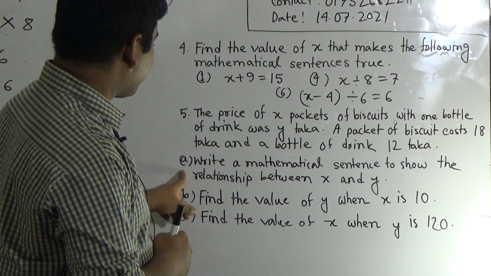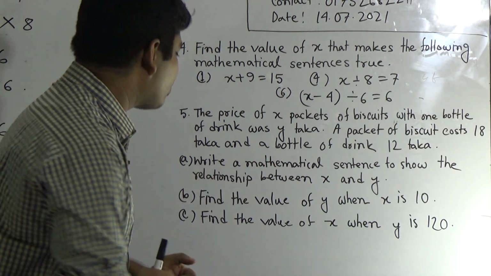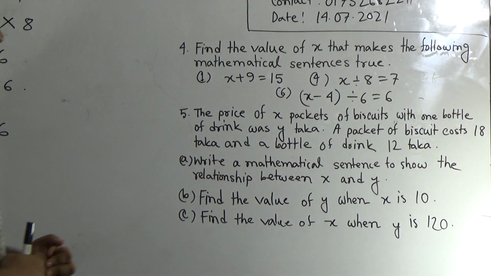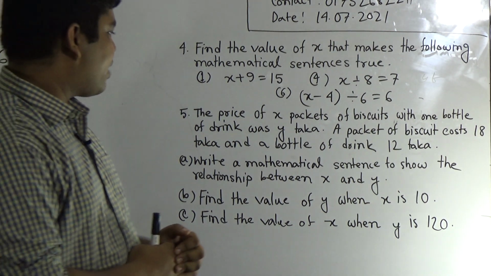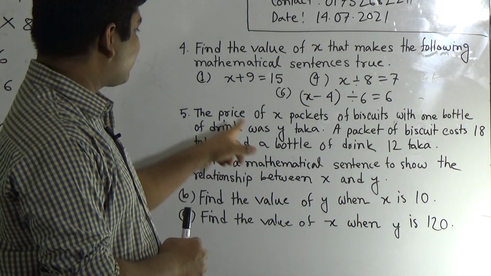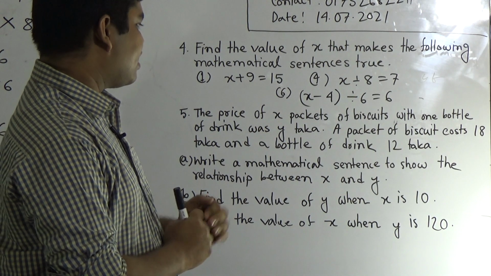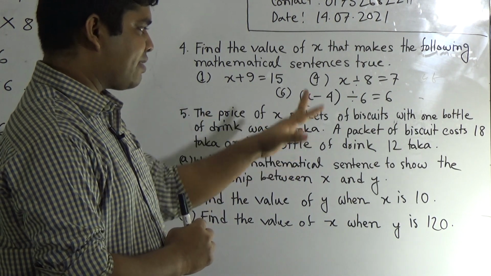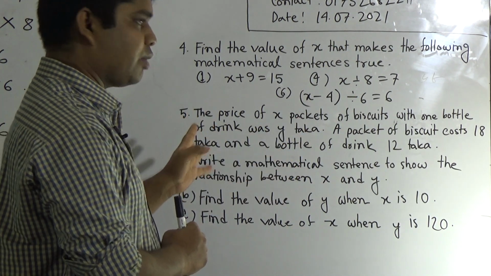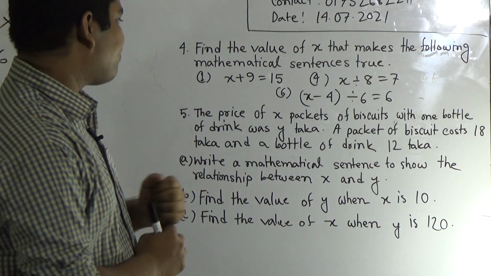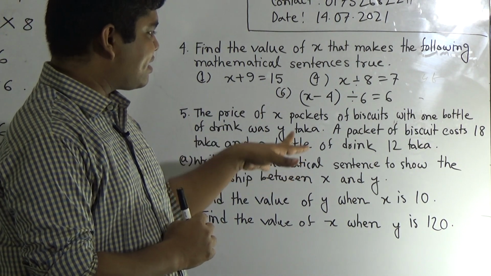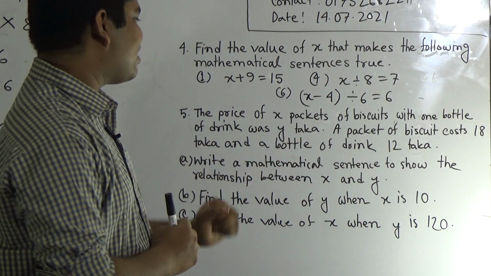Question A is: write a mathematical sentence to show the relationship between X and Y. Please notice. The first sentence is the total price of X packets of biscuits and 1 bottle of drink, which is Y taka. The second sentence is the price of 1 packet of biscuits is 18 taka.